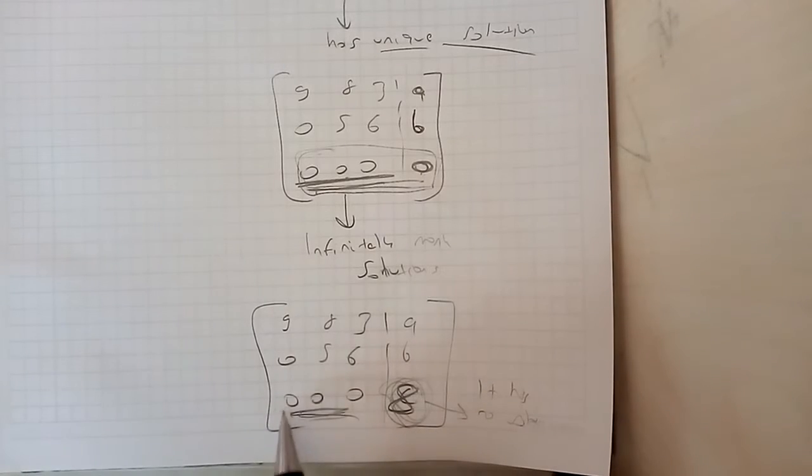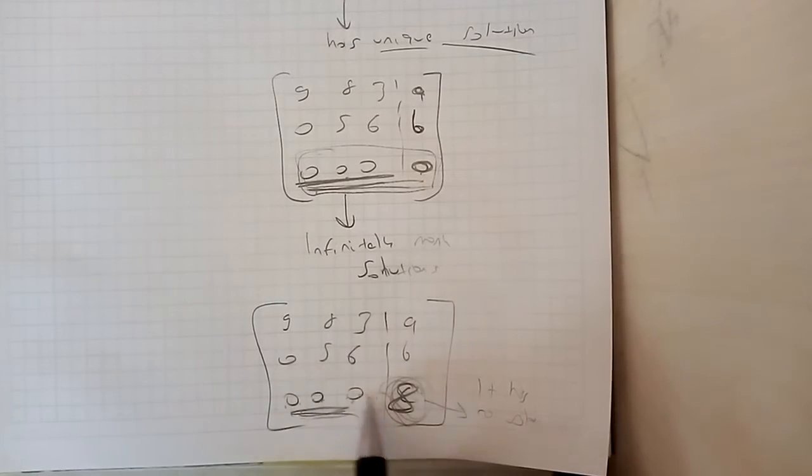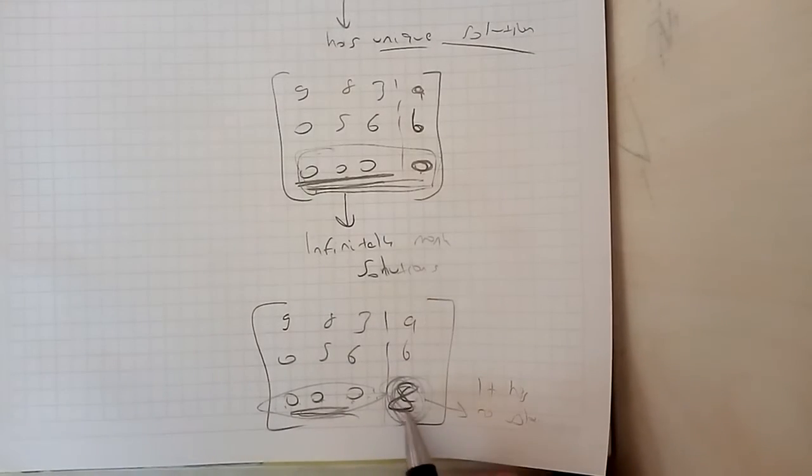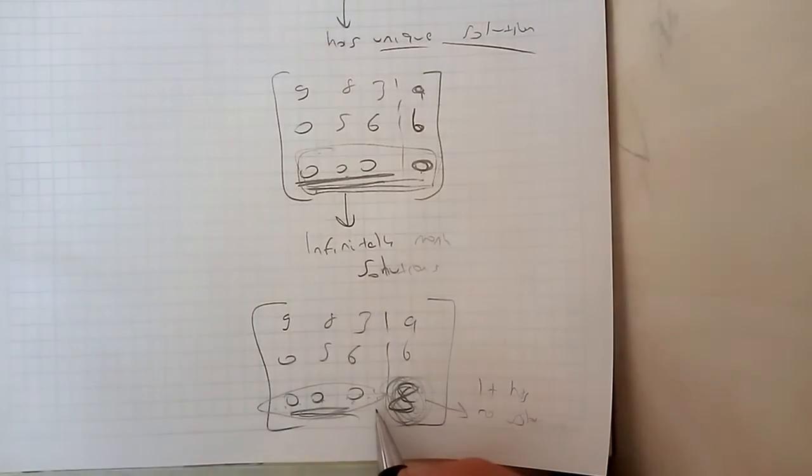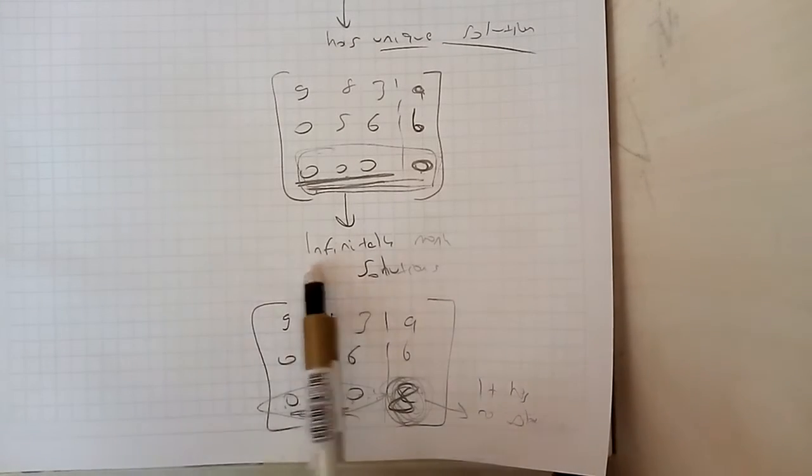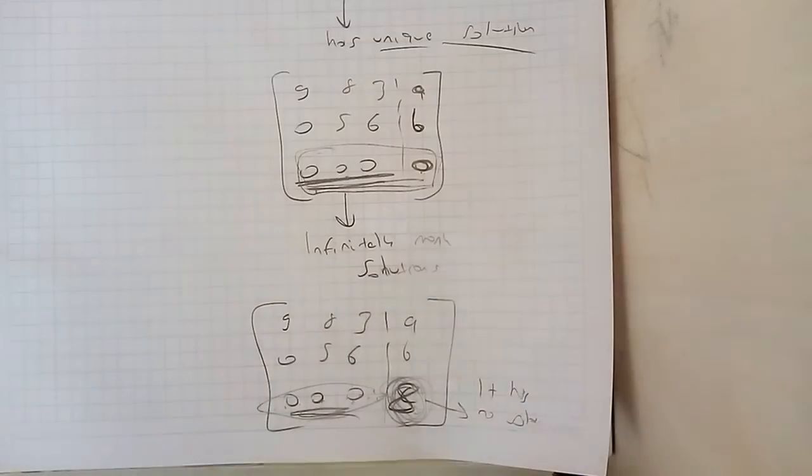Look at here, you have no element. All of them are 0, and you should have 0 here, but we have a number. You can understand that you won't find any solution for this linear system after making the required operations.